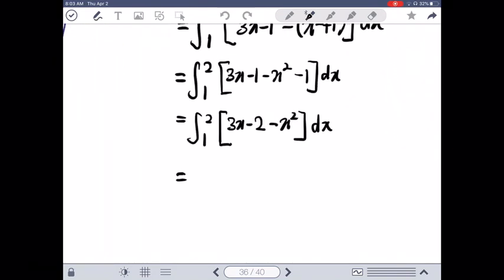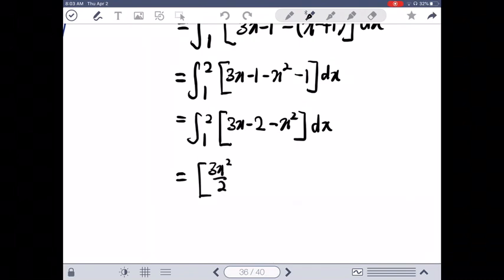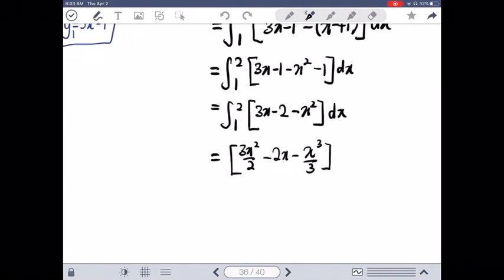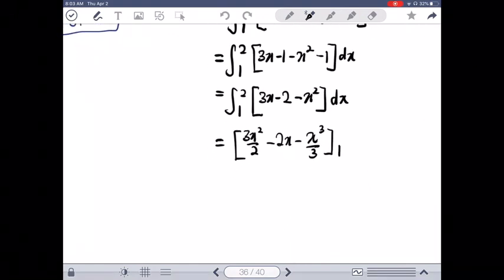Now we integrate as usual, which becomes 3x squared over 2 minus 2x minus x to the power of 3 over 3, with boundaries from 1 to 2.